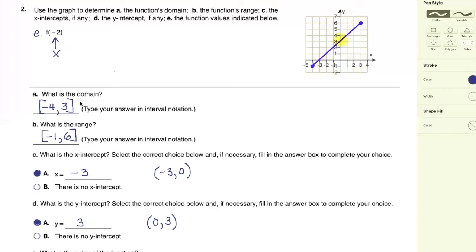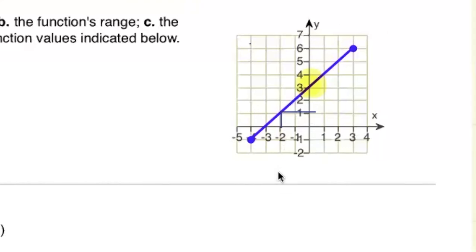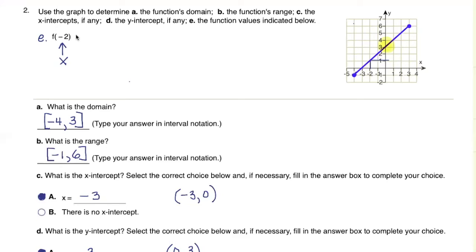That is your input, that is your x value. You go to the graph, you find that x value, you go up until you hit the graph, and then you read over to the y. So one more time, I start at negative 2 on the x-axis, I go up, hit the function, read across, and the y value I'm located at would be 1. That is my function value.